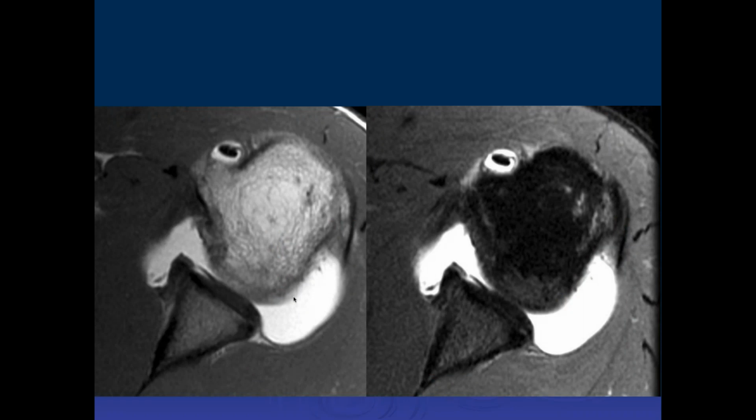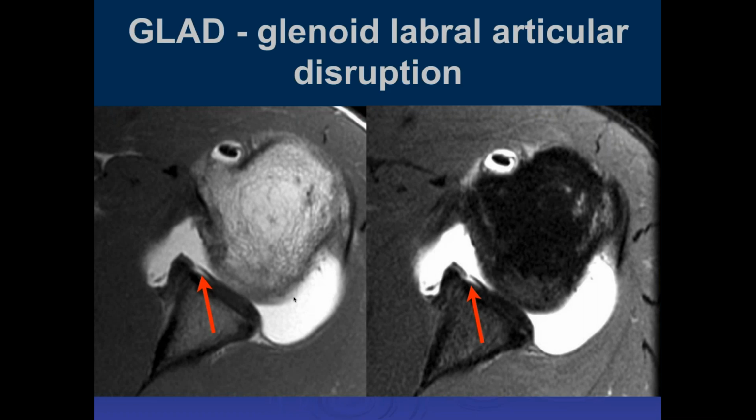Okay, so we have two axial views of the shoulder, and there's a tear of the anterior labrum, and it seems that it's extending to the articular cartilage, and maybe it's a little bit displaced. So this is what's called a GLAD lesion, or glenoid labral articular disruption.